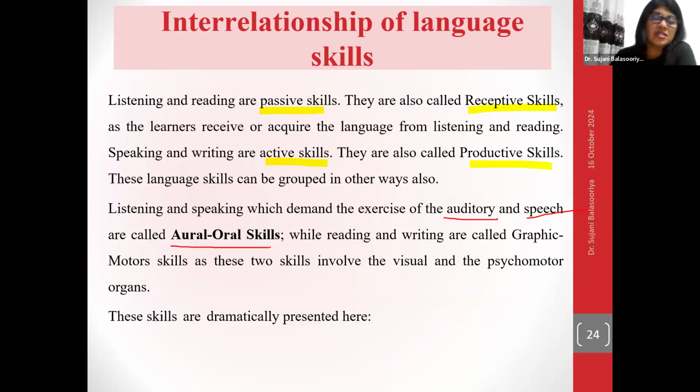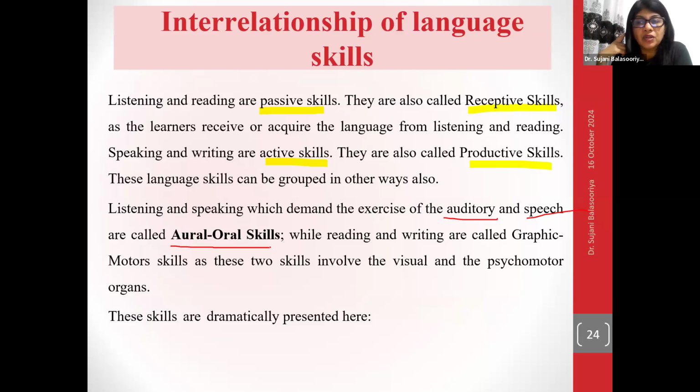The pronunciation is more or less the same actually, but the spellings are different in these words, right? Oral, A-U-R-A-L, aural, and O-R-A-L, oral, right? Okay, A-U-R-A-L, aural, means auditory. It involves listening and speaking skills, which involve auditory and speech production, right?